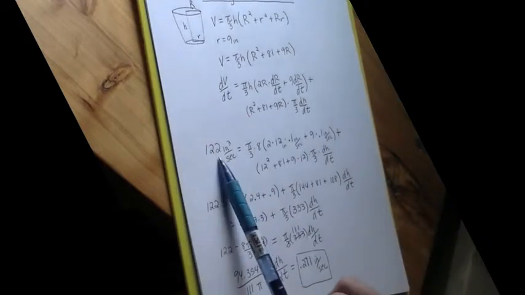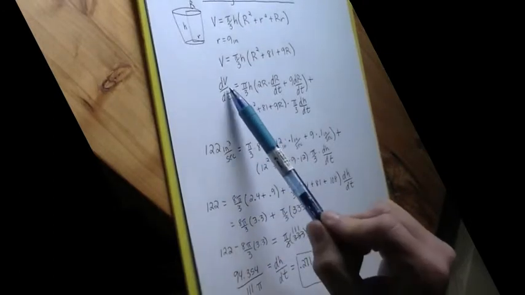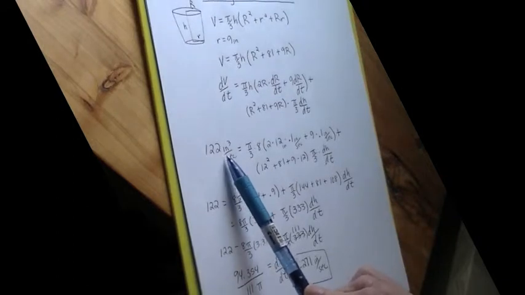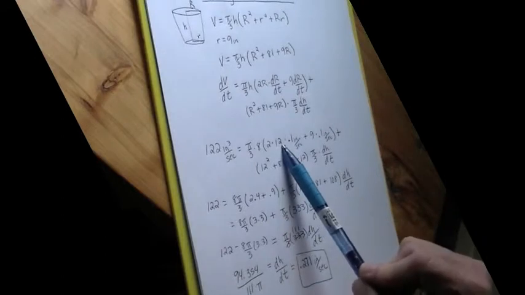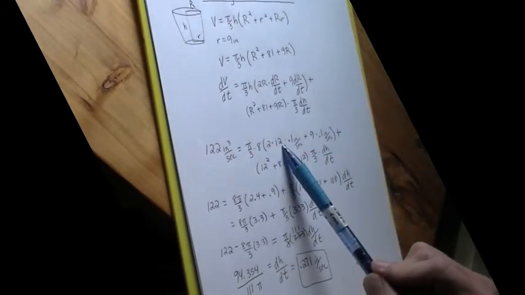Suppose we knew that the water was pouring into the bucket at 122 cubic inches per second. So I replace dV/dt with 122. And then suppose at a certain moment in time, we know that the height of the water is 8 inches when the big radius, that's the top layer of water, is 12 inches.